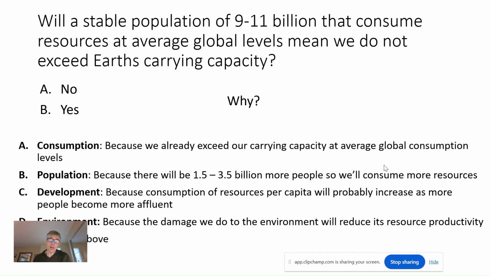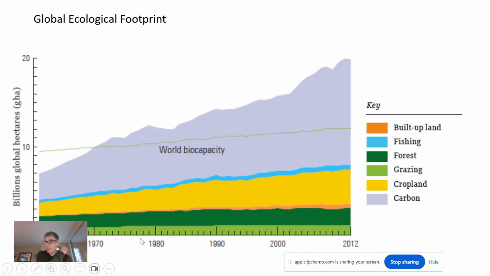And then fourth, actually our natural capital is decreasing because we're presently damaging the environment and therefore reducing the availability of future resources. So try and identify these 4 reasons and explain therefore why we're likely to do more impact in the future than less. Someone might argue that C might be lower because maybe technology enables us to make ourselves a little bit less damaging in terms of our development. You could argue that.